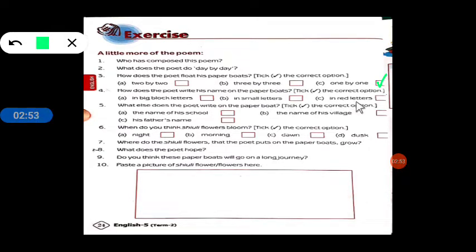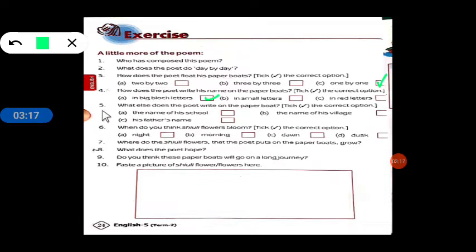Yes, option A, in big block letters, is the right answer. The poet writes his name in big block letters on his paper boards.